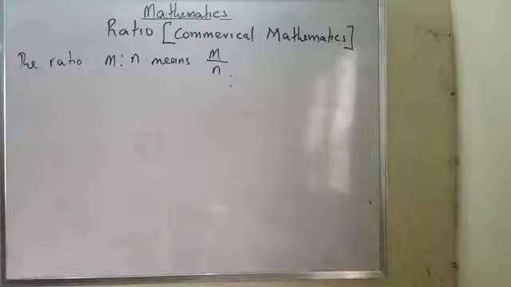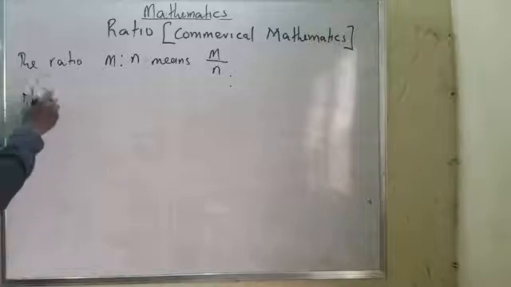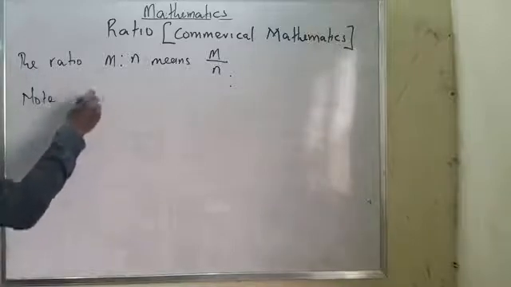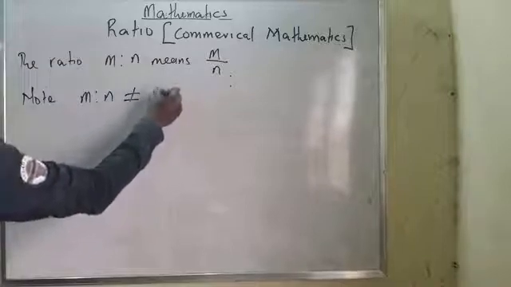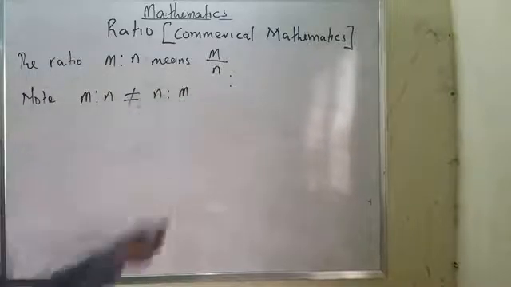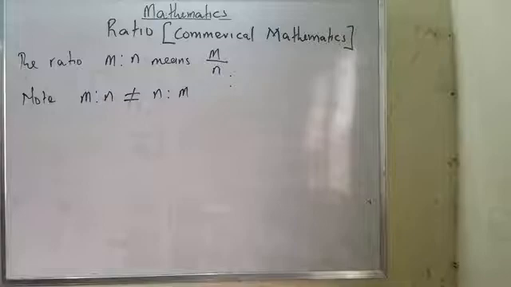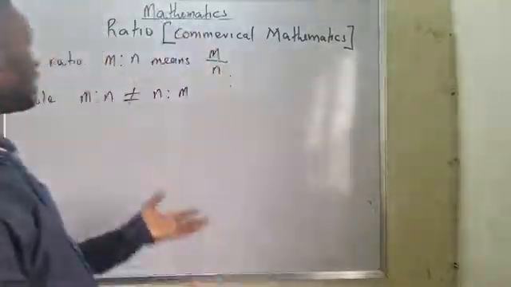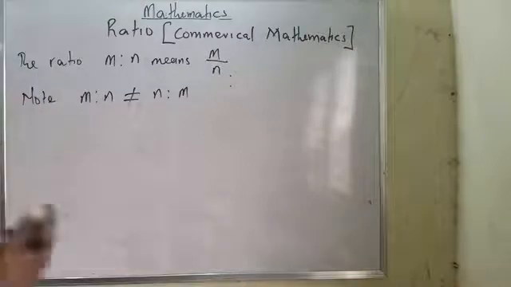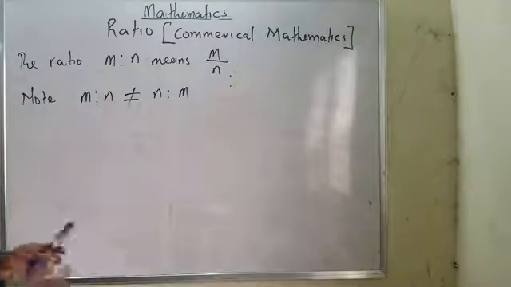Now, note that M ratio N is not the same thing as N ratio M. Please take note of that. With the help of our binary operation, you can understand what I mean, which is the commutative part of it.